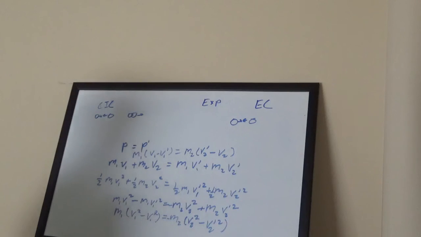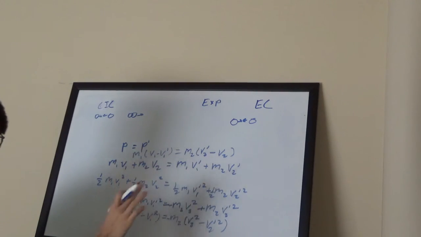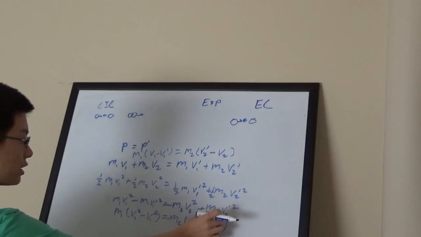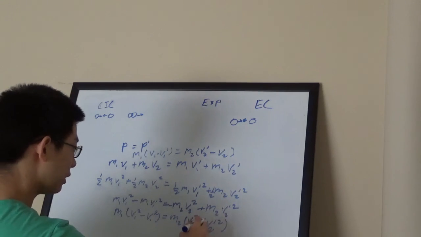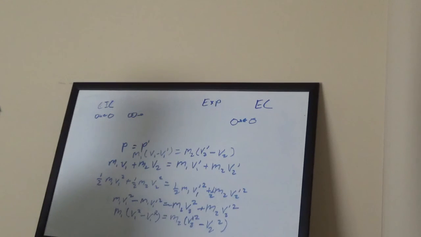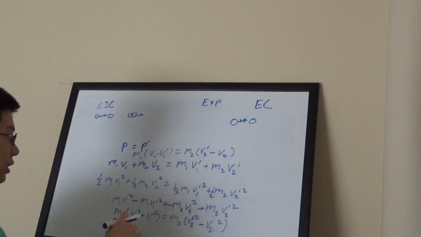I should have had a negative here, because when I moved it around, this side would be negative, and this is positive, so this negative factors into here, and I can instead flip the order of the square, and it becomes this. Now, I'm going to divide this equation by this equation, and what do I get?